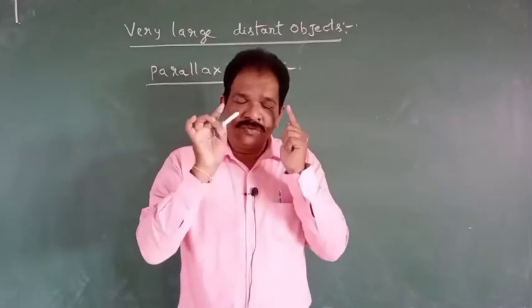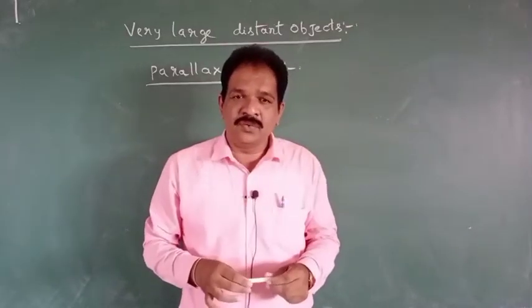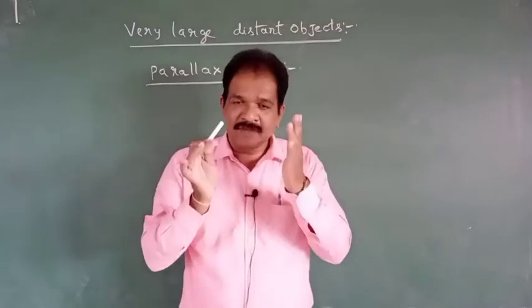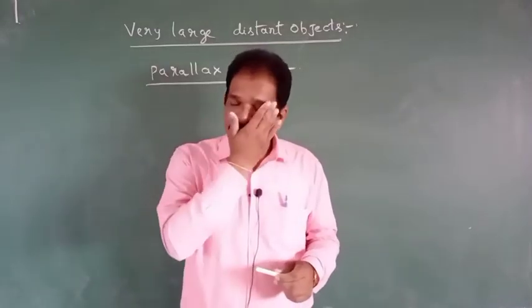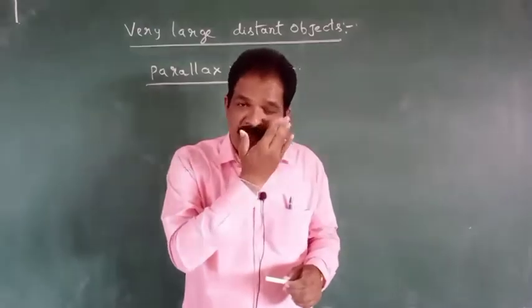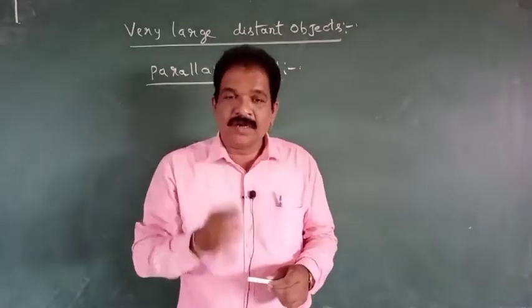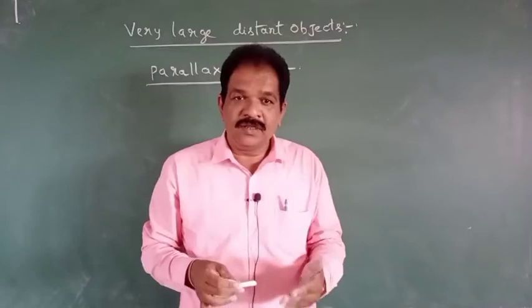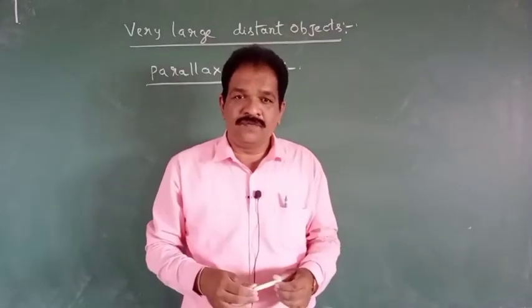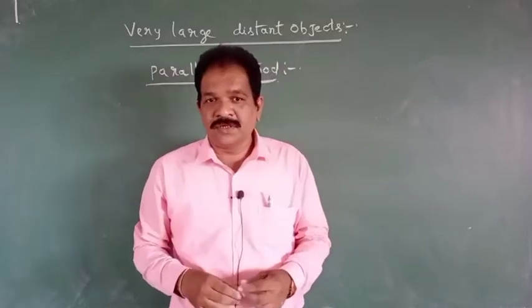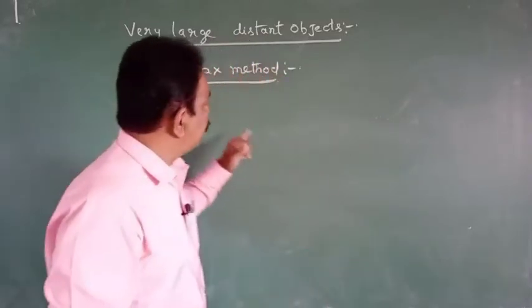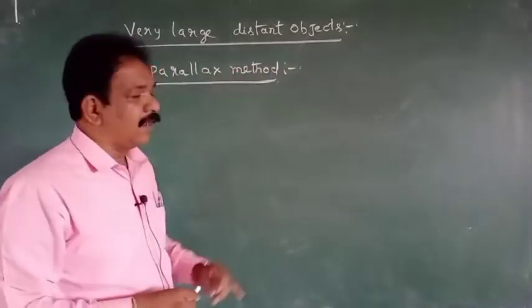Vision is due to the mixing of light rays coming to these two eyes. But if I observe the object only with the right eye, or only with the left eye, you will feel a slight change in the position of the object. That is called parallax.